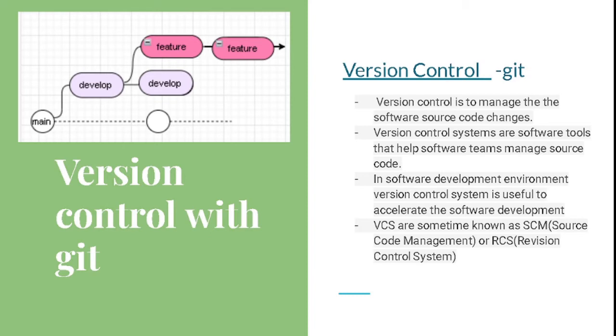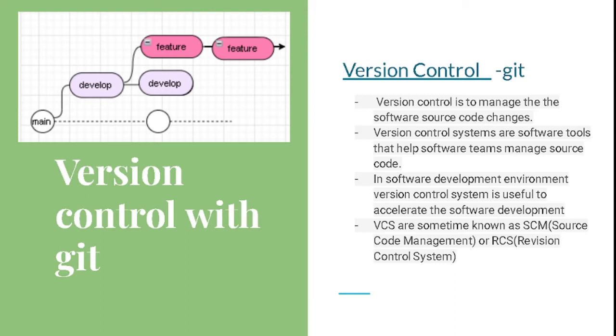If one developer is working on the file called open account, and a second developer is also working on the file called open account, one developer is changing the code on line numbers 3 to 6, and the second developer is changing the code on line numbers 50 to 55. At the same time, both are committing their code to the remote repository. The remote repository is there to keep their changes on track. It is called acceleration of software development.